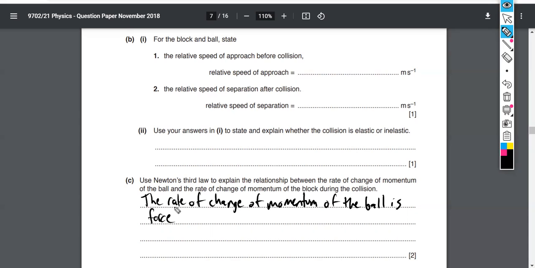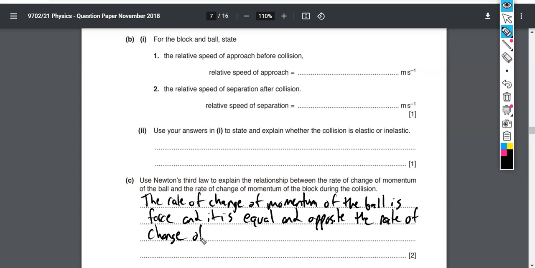So the way they've worded it, they've kind of put together the 2nd and the 3rd law. The rate of change of momentum of the ball is force, and it is equal and opposite to the rate of change of momentum of the block, right?